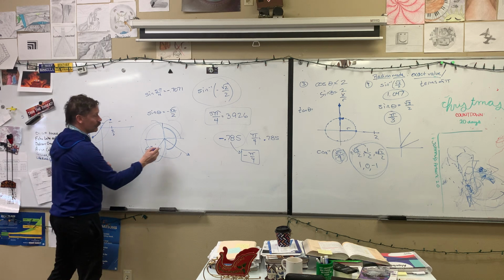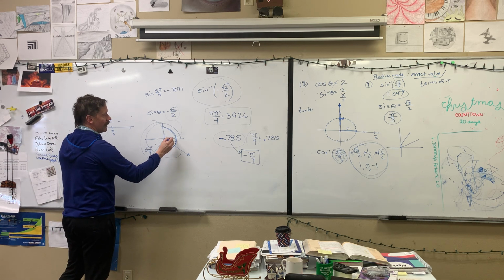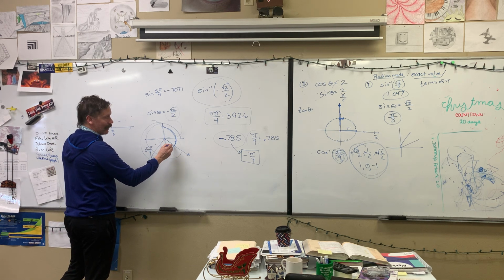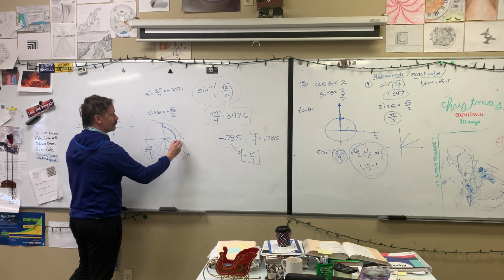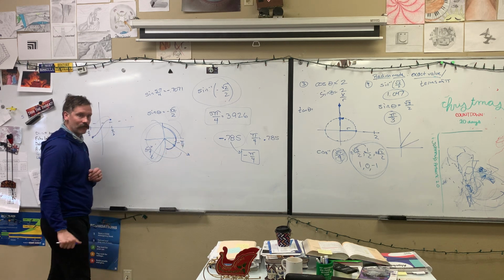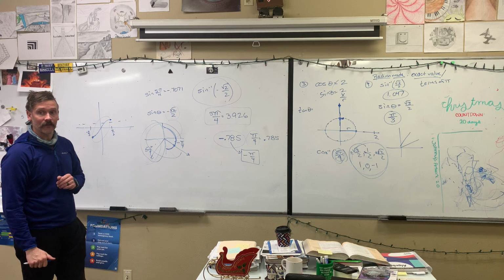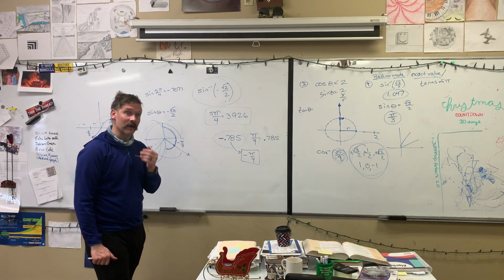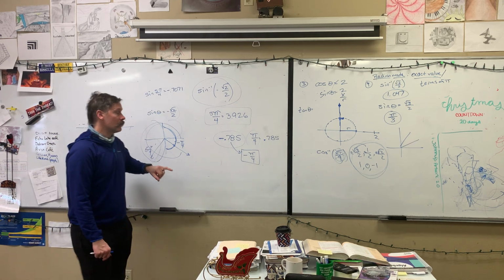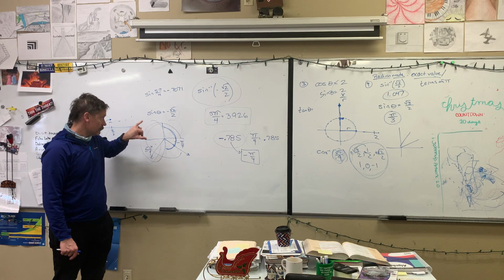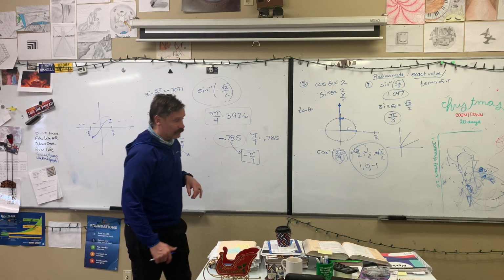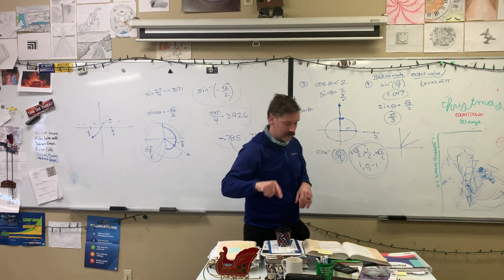Therefore, you're only looking from here to here, and to get down to here, you have to go in a negative direction, so negative pi over 4. That's a little bit of a tricky thing, understanding you're only working with negative pi over 2 up to a positive pi over 2.